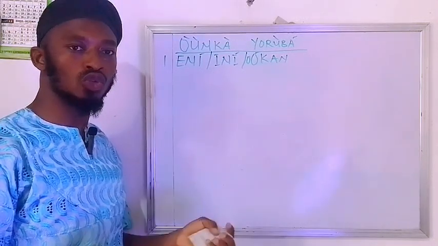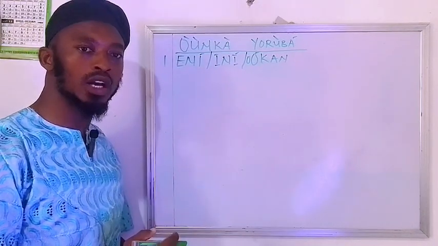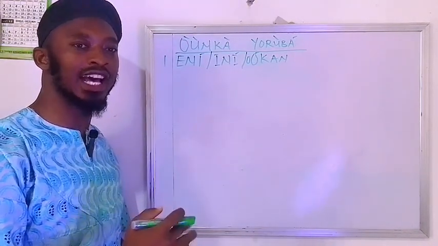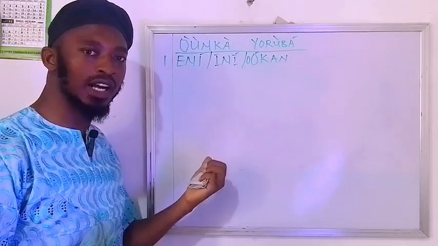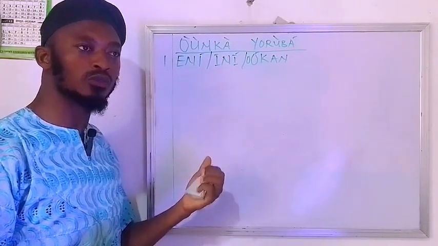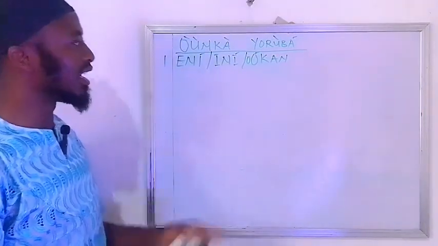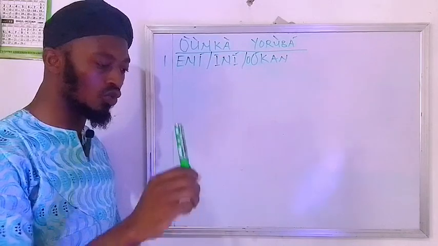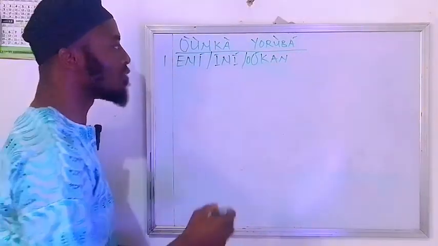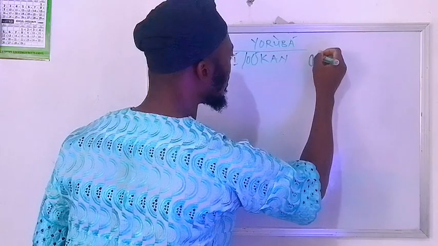Yoruba is a general name for the language, but under Yoruba, we have different dialects. So obviously, when someone from Ekiti is counting numbers, his dialect is going to be different from someone from Oyo. So that is why we have this variance. If you're now using 1 in counting, say for example, 1 marker, it now becomes ọ̀kan.